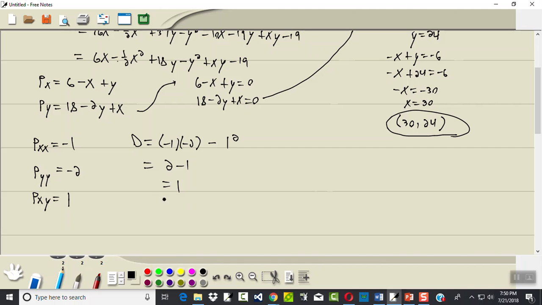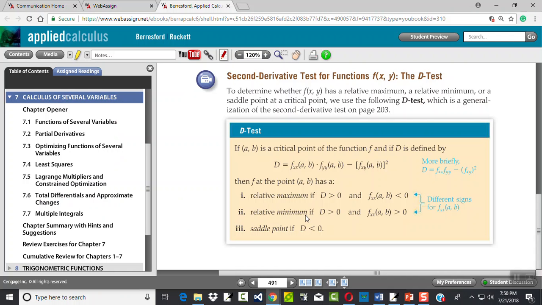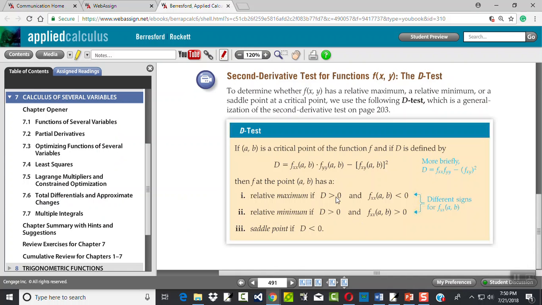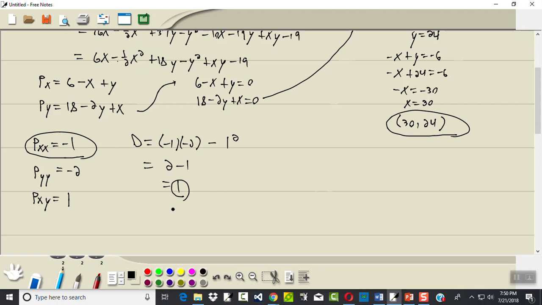Now D is greater than 0. So it's one of these. It's not a saddle point because that's less than 0. Fxx is less than 0 or greater than 0? Well, it's negative 1. So negative 1 is less than 0, so it's a relative max.